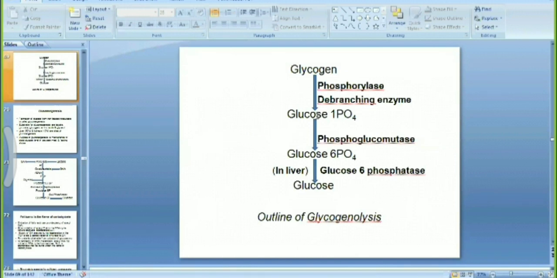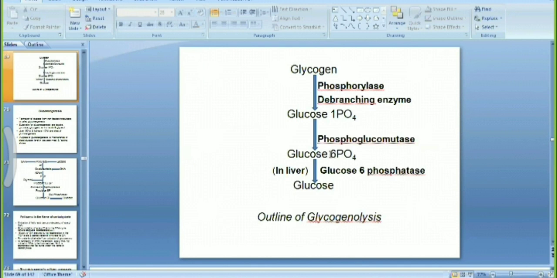This glucose 1-phosphate is then converted to glucose 6-phosphate. The enzyme responsible is phosphoglucomutase. This enzyme is the same as for synthesis of glycogen. That means phosphoglucomutase is a common enzyme for glycogenesis and glycogenolysis.